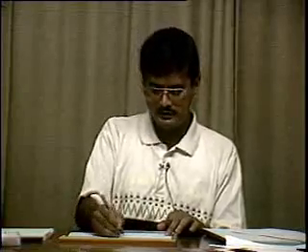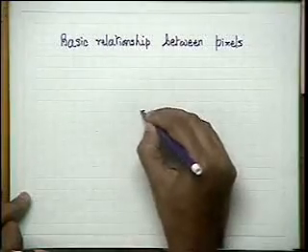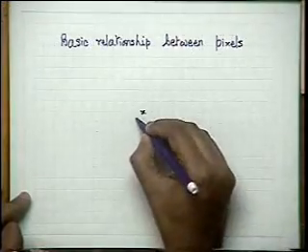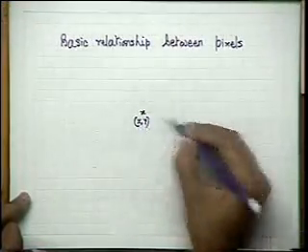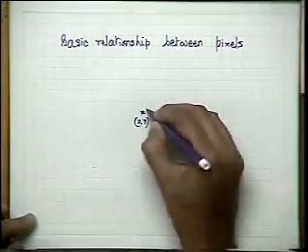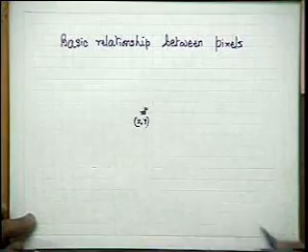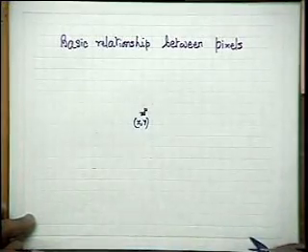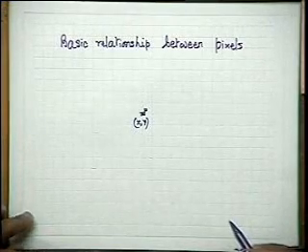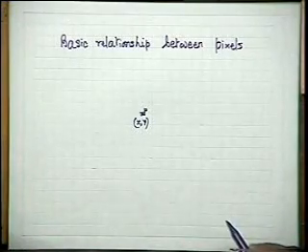Okay. Let us take a grid which we have shown over here. Let us consider a particular pixel P with coordinate x, y, and we are going to consider its relationship with respect to others.